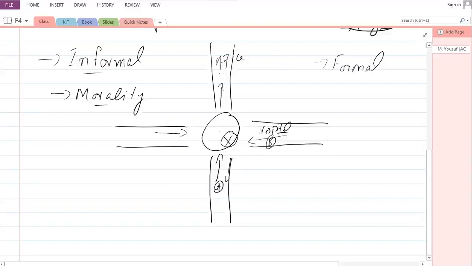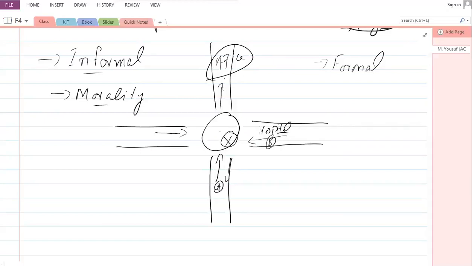So both of the persons are not able to reach their places if there are no rules and regulations and if this intersection is without any formal control.